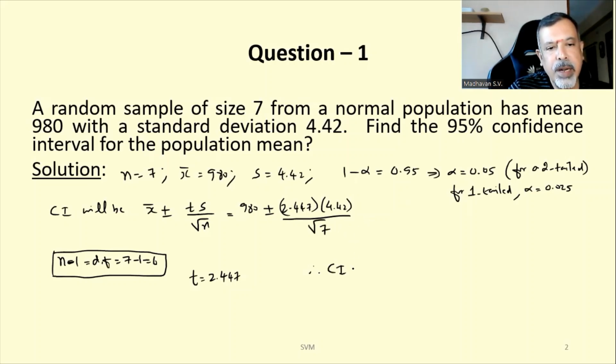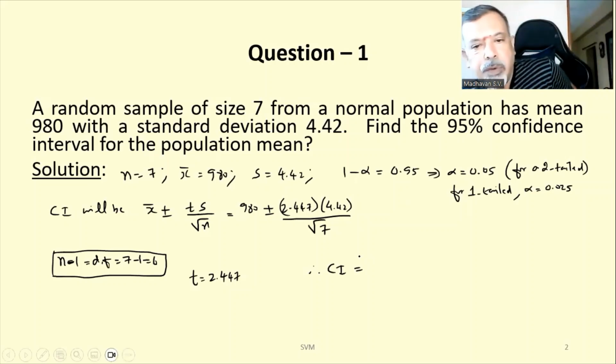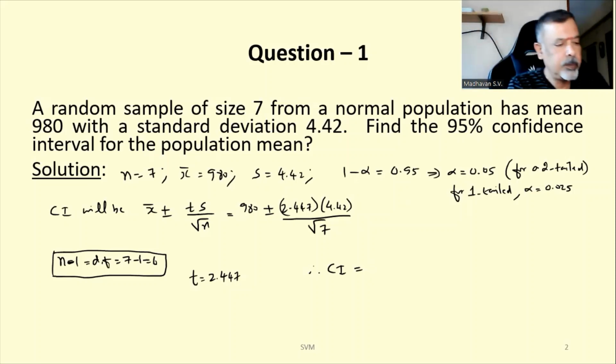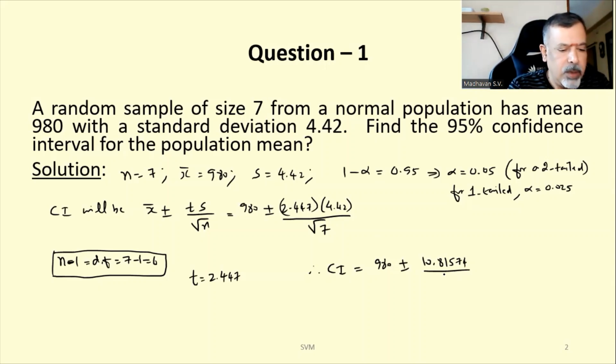Let us calculate that. 2.447 into 4.42 gives 10.81574, so we have 980 plus or minus 10.81574 divided by root of 7. The square root of 7 is 2.6458.